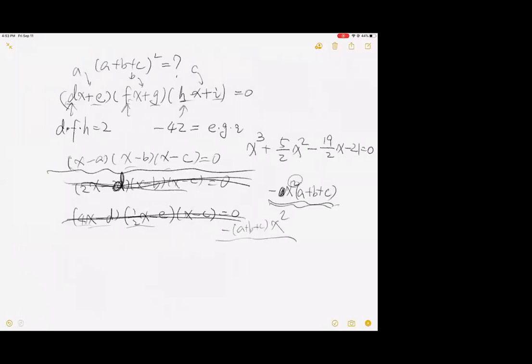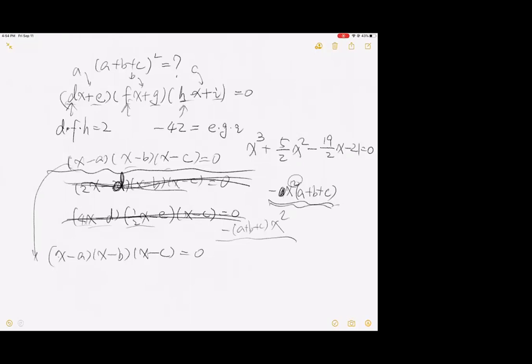Well, you can go back to your x minus a, x minus b. Let me rewrite it: x minus a times x minus b times x minus c equal to 0.